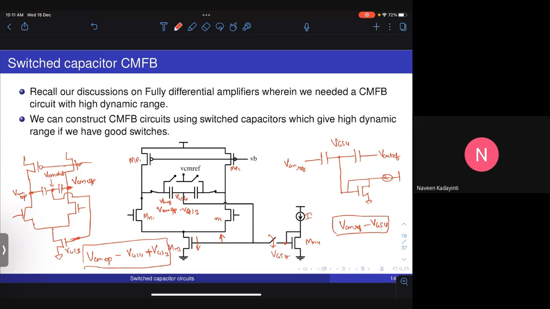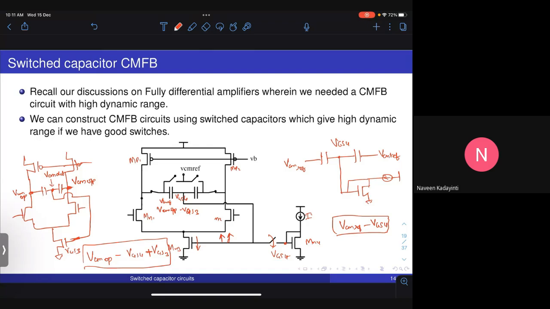If this voltage goes slightly higher, it will draw more current, and in the next cycle, the output common mode will fall. On the other hand, if the output common mode was actually less, then every clock cycle, the subsequent gate voltage on this transistor will increase slightly in order to make your VCM equal to VCM ref.